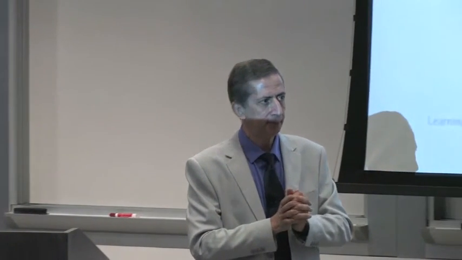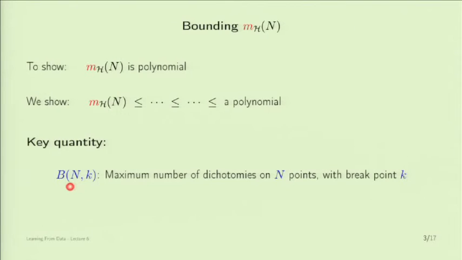Okay. So can you review the definition of B and K? Assume you have n points, and assume that K is a breakpoint. So you are assured that no K points will have all possible patterns on them. After these two assumptions, make no further assumptions.